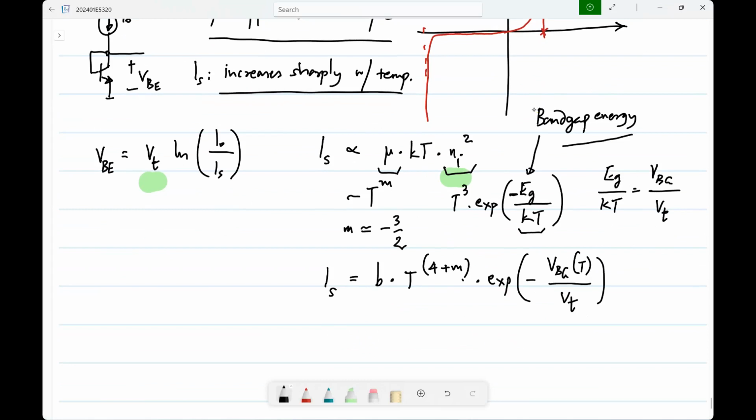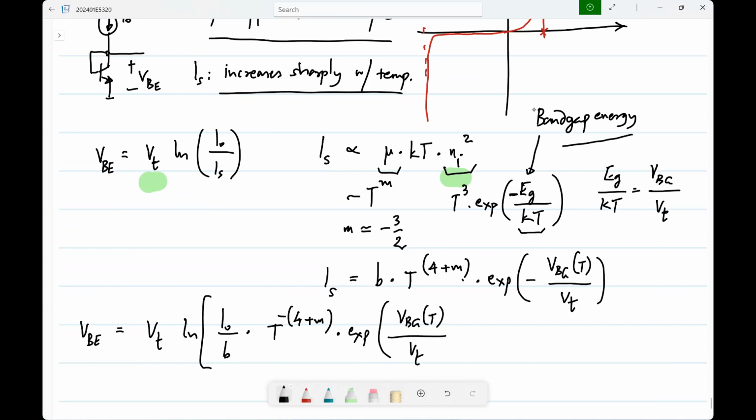So now this VBE can be written as Vt log I naught by IS. So what do we get there? You get log I naught by B, that is one of the terms. T to the minus 4 plus m and exponential VBG by Vt. Okay.